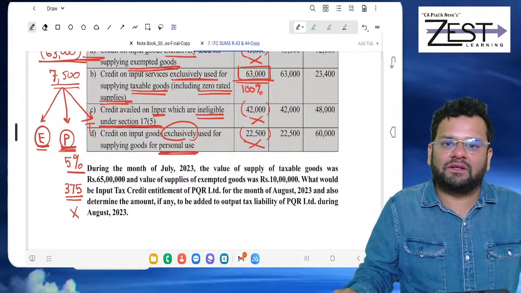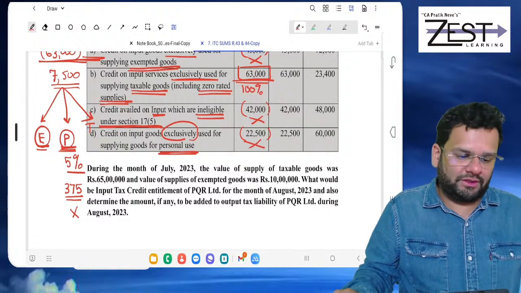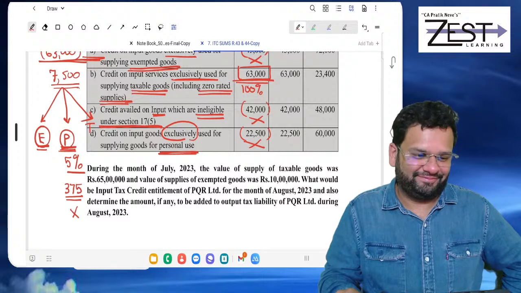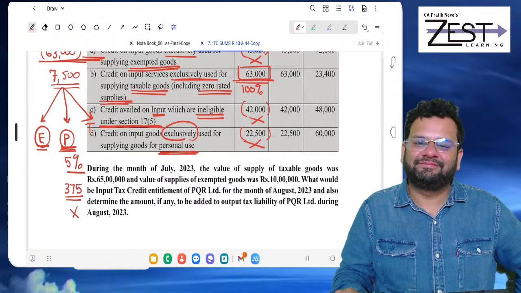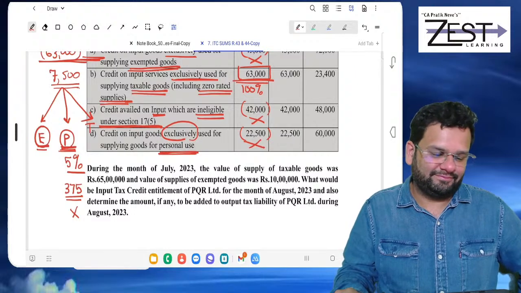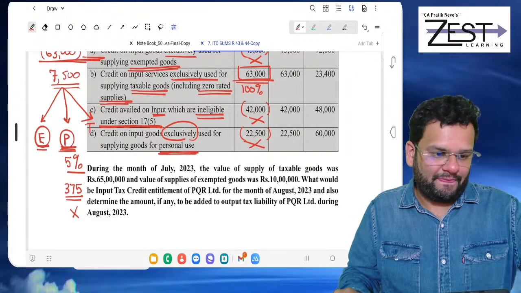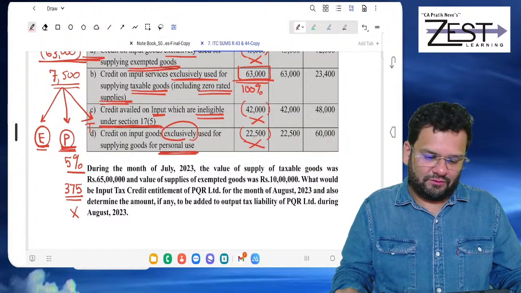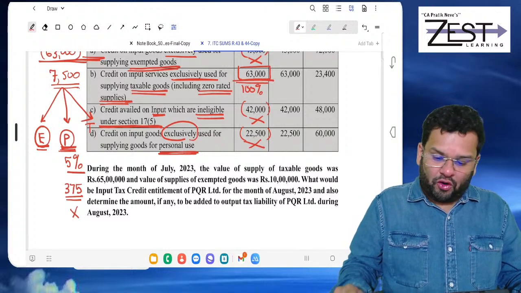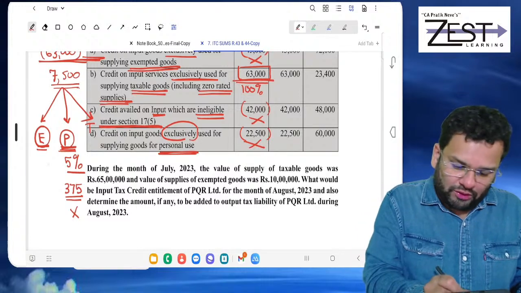Tell me once you get till this point, then we will go ahead. Yes, wonderful. For the exempted part, what to do now?